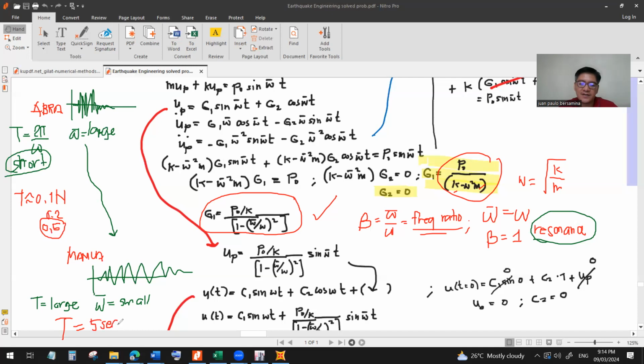Therefore, it shows that since the period of the earthquake is short or small, it will resonate with short period structures. Short period structures get damaged more. Which happens. When you see the destruction in Abra, many 2-story and 3-story buildings collapsed.